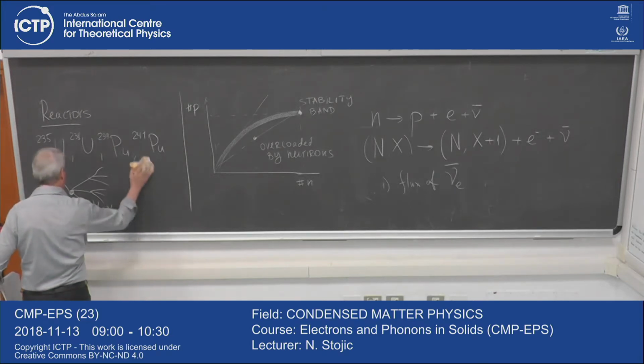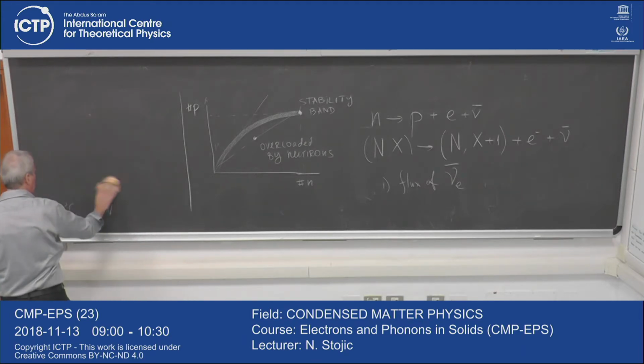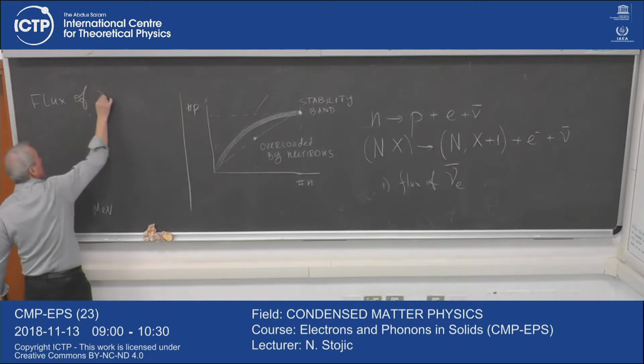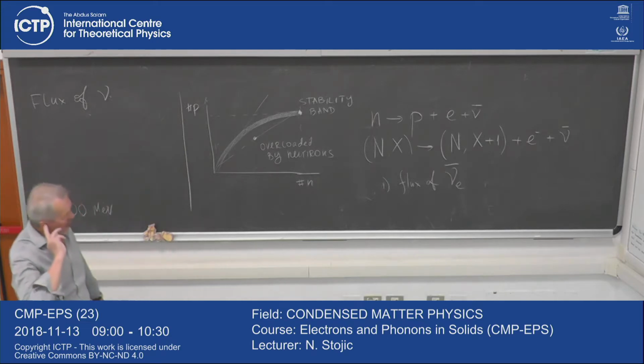So what is the flux of neutrinos? You can compute the flux of neutrinos knowing the thermal power of the reactor. Mostly people use commercial reactors which produce power. I have written here already that about 200 MeV is released per fission process.